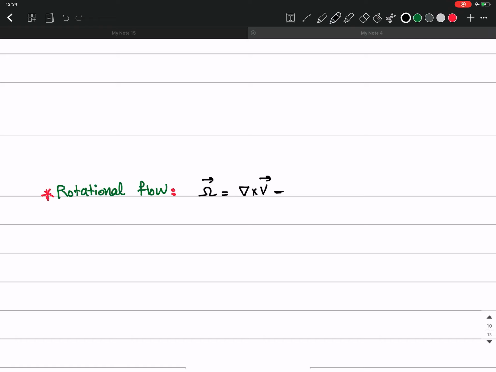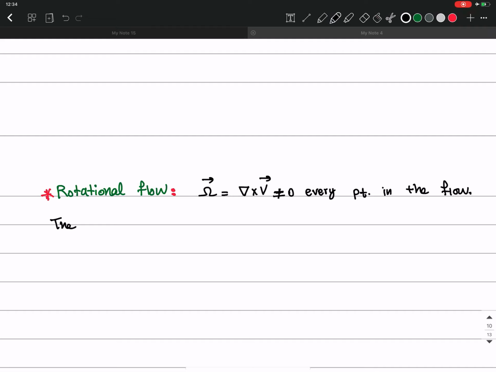A rotational flow is a flow where the vorticity, or curl of velocity, is not zero at every point in the flow. So this vorticity should be everywhere.